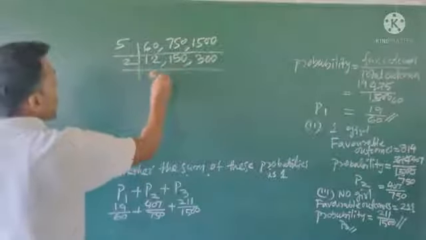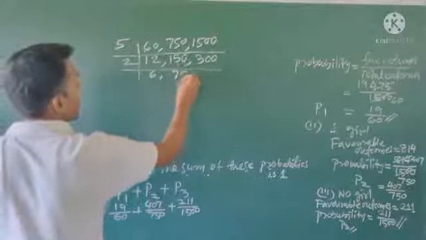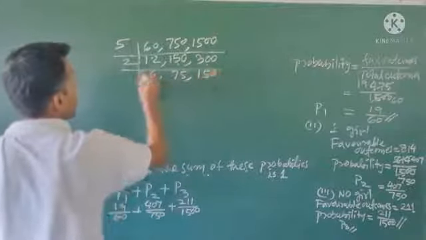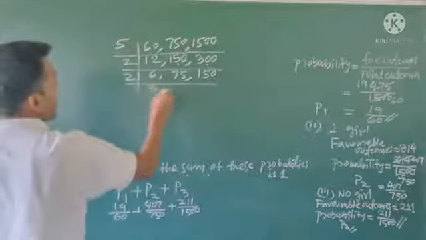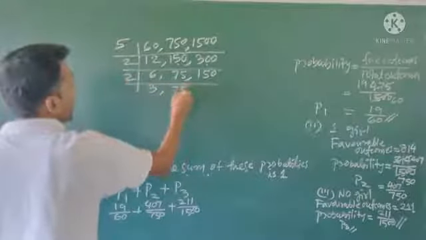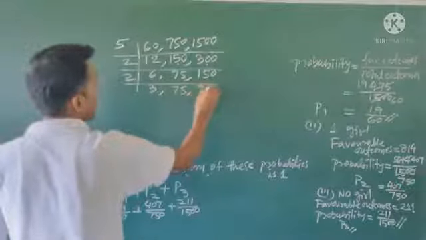Now divide by 2: 2 6 12, 2 7 14, 2 5 is 10, 2 1 is 2, 2 5 is 10, 2 0 0. Again divide by 2, 2 3 is 6. We cannot divide this one by 2, it's an odd number, isn't it? 2 7 14, 2 5 is 10.